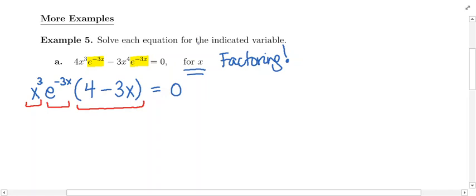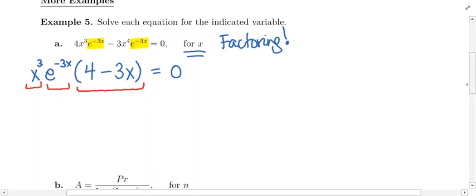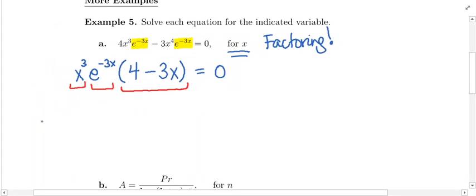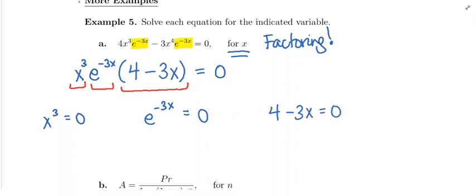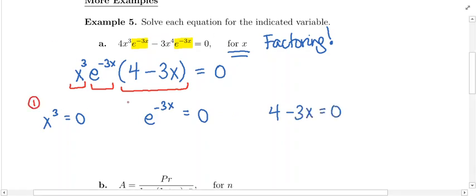So we have to take each one of these factors, set it to 0, and solve. We're going to get x cubed is equal to 0, then e to the negative 3x is equal to 0, and the last one is 4 minus 3x is equal to 0. So we have 3 equations now that we have to solve for x.